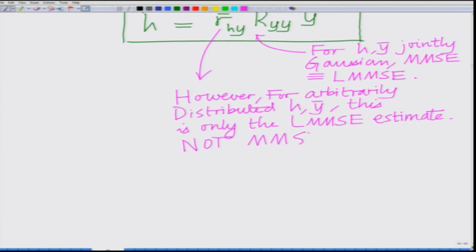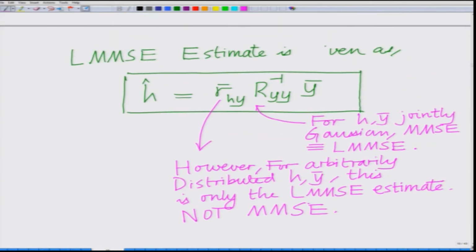So, what you can see is, if the joint probability density function of the observation vector Y bar and the parameter h is Gaussian, then this expression R hY into R YY inverse into Y bar is basically the MMSE estimate itself.